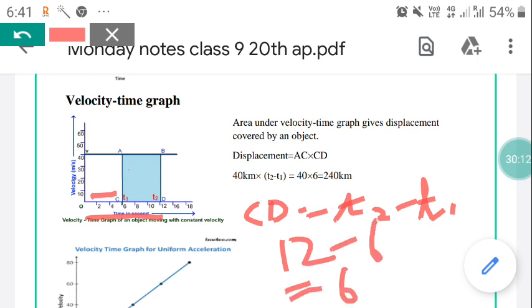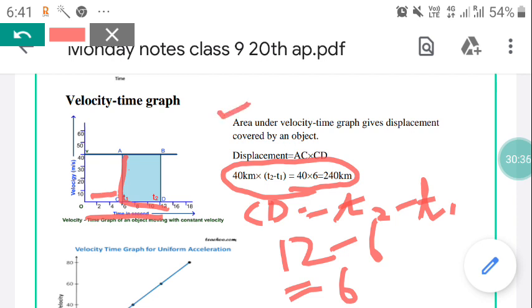Multiply these quantities. Or you can see AC into CD is what? Length into breadth of a rectangle, and length into breadth of a rectangle is what? Area. So that's why the area under the velocity time graph gives displacement covered by an object.